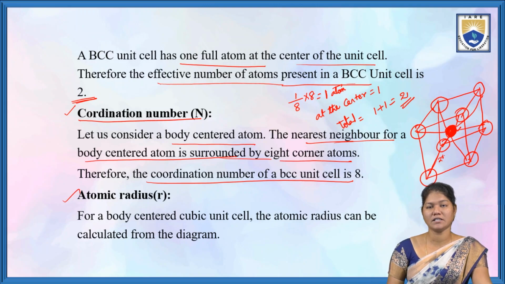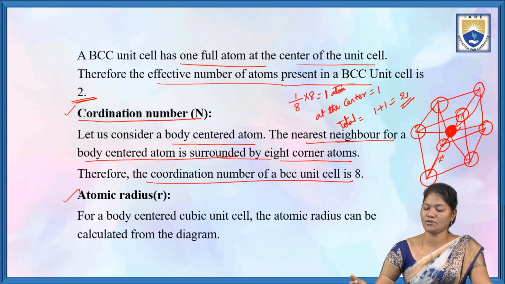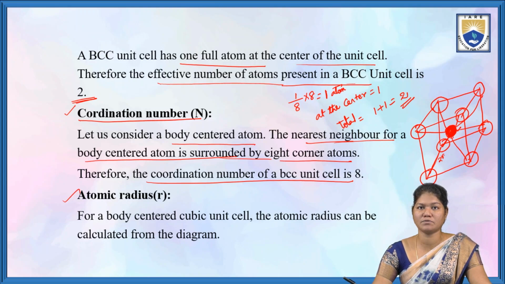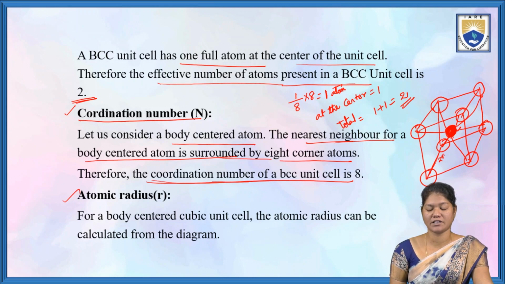So considering the center atom, how many atoms are at 2r distance? If we calculate, we get 8 corner atoms at 2r distance from the center atom. So totally the coordination number is 8.